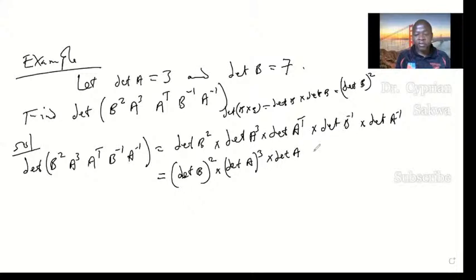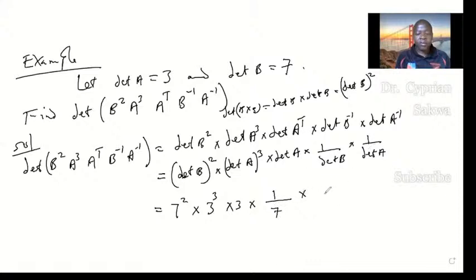The determinant of the inverse of B is the same as 1 over determinant of B, and this one is the same as 1 over determinant of A. So when you use the above theorem, the determinant of B is 7, so you're talking of 7 square, and this one the determinant of A is 3, so it's 3 cubed there, and 1 over determinant of B, which is 7, 1 over determinant of A, which is 3, and when you do this using a calculator, you would get 189.